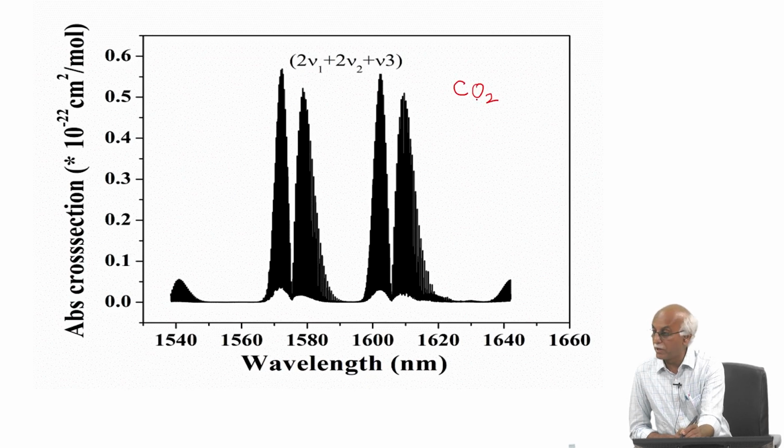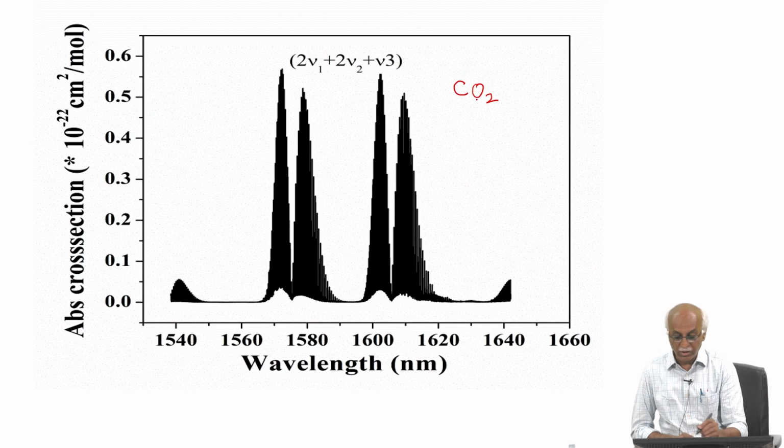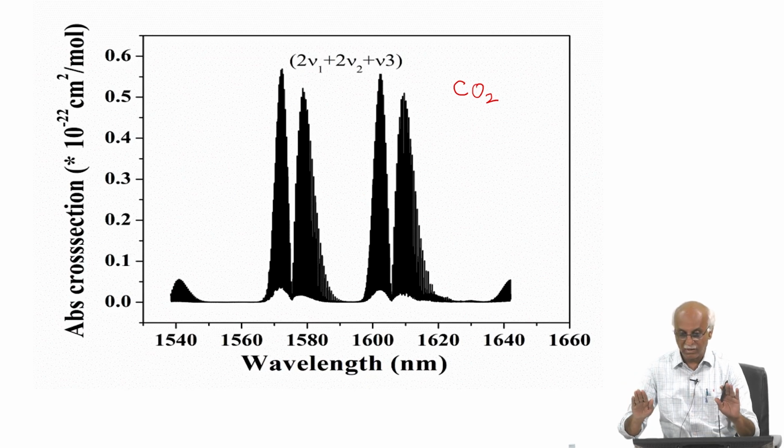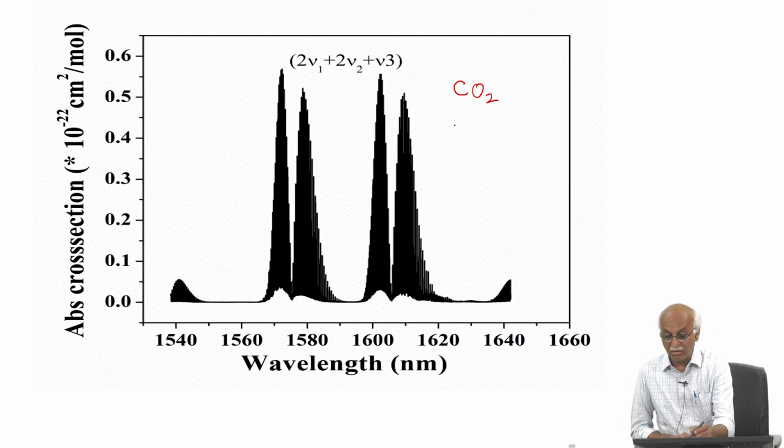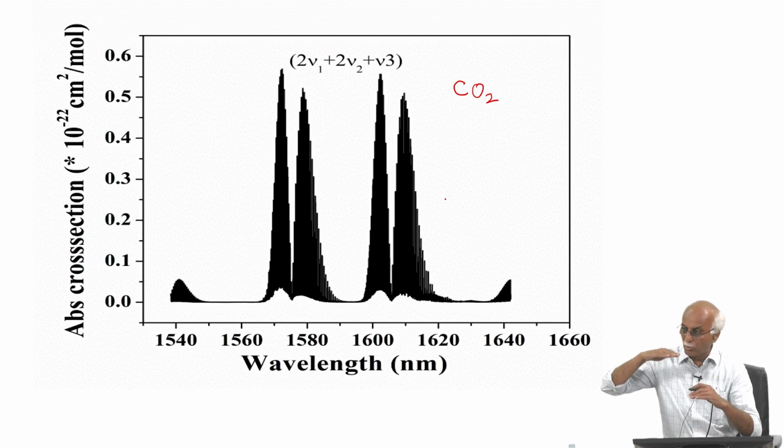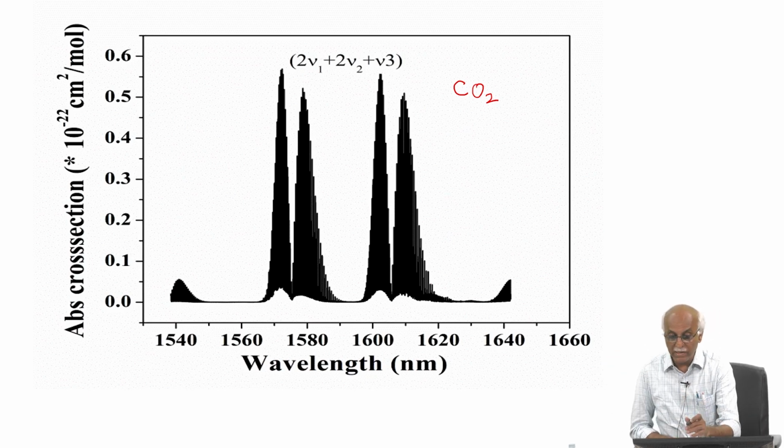Carbon dioxide molecules in the 1.6 micrometer wavelength range have multiple such transitions, with a finger-like structure, left and right. These transitions arise from various molecular state vibrations, combinations and overtones of fundamental frequencies, such as 2 nu 1 plus 2 nu 2 plus nu 3.